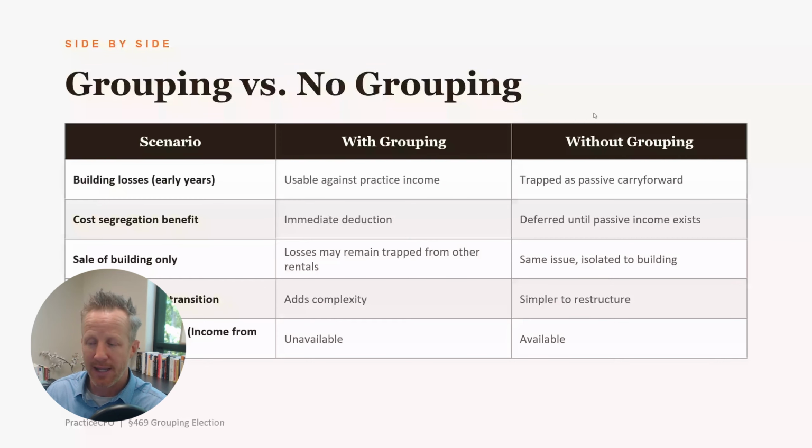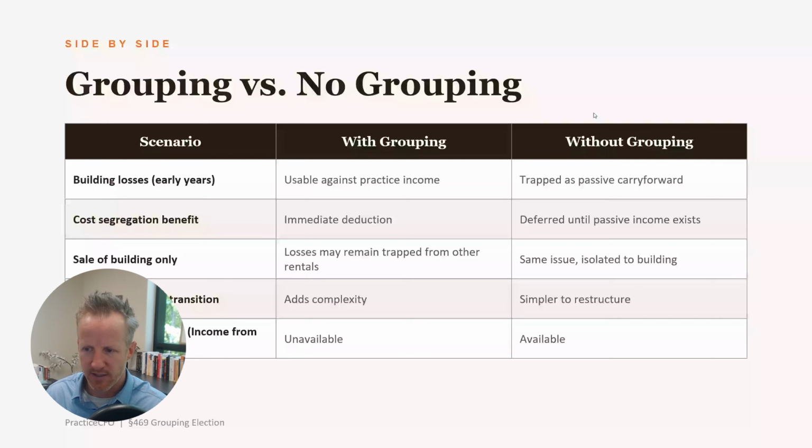So if you want to bring on a partner for your S corporation and give them 50%, but you don't want them to have ownership of the building, if you grouped, now you've got problems. You're going to have to ungroup, or you give your new owner 50% ownership of the building anyways, which I always recommend anyways.